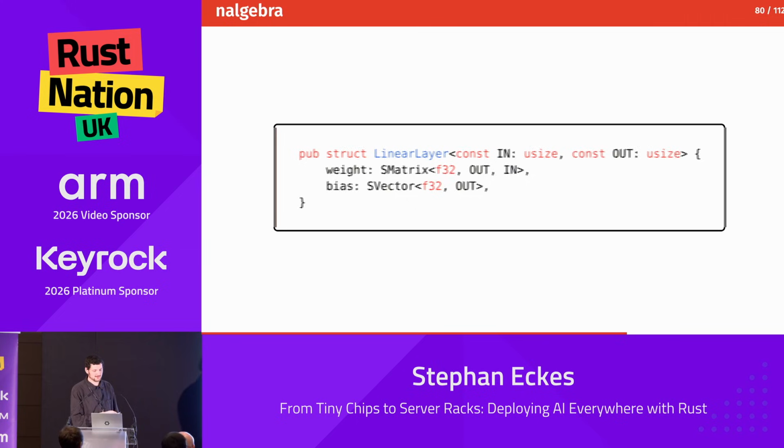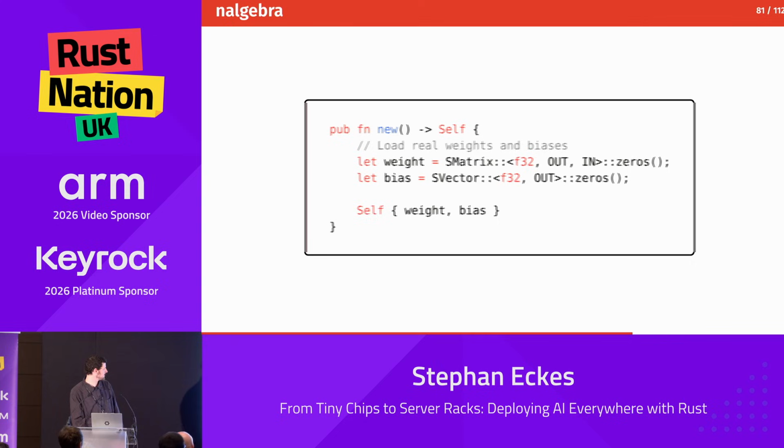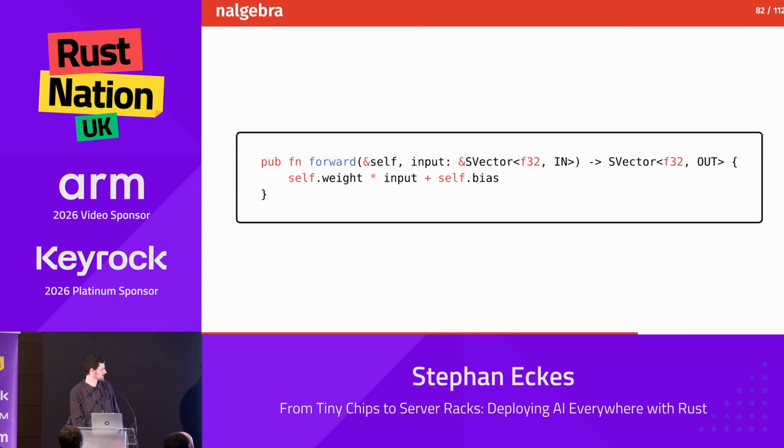And there it looks like this. So you have generic constants for the sizes, and then you can set up the matrix with constants here, set up the layer and run the forward function. So here it looks even simpler because we don't need any assertions or tests for the sizes, they are compile time checked.